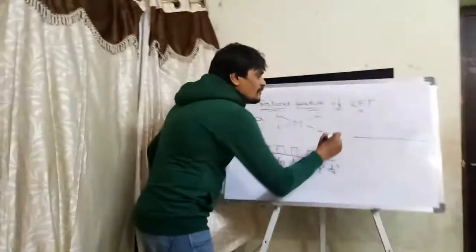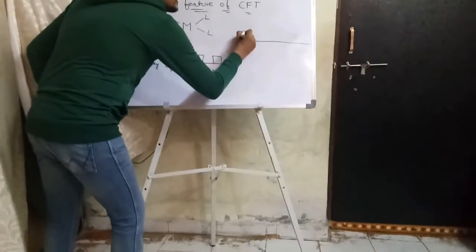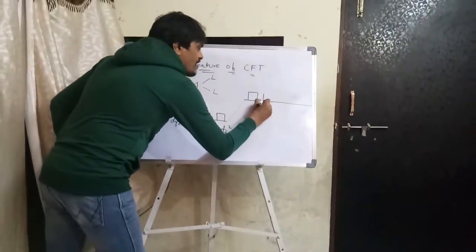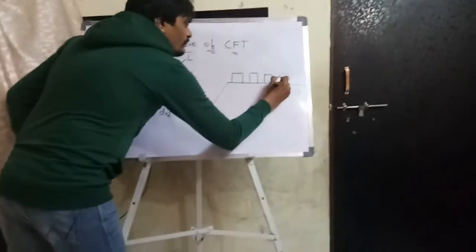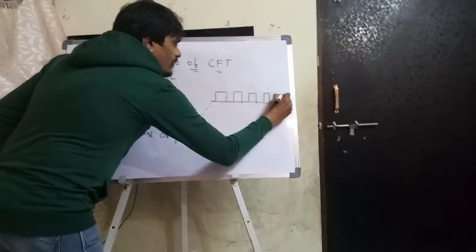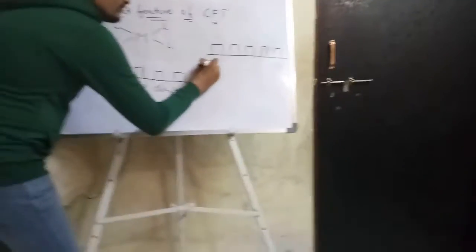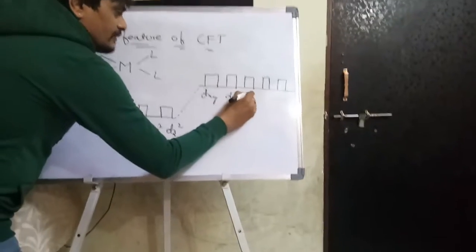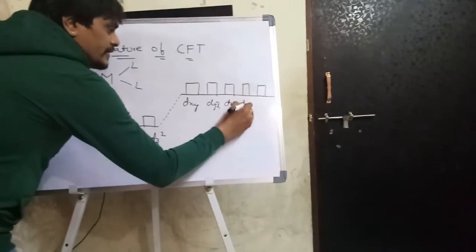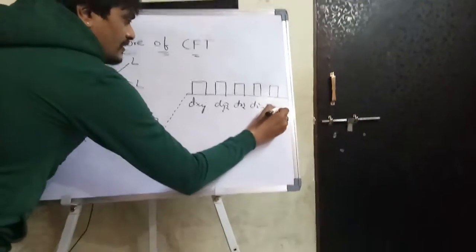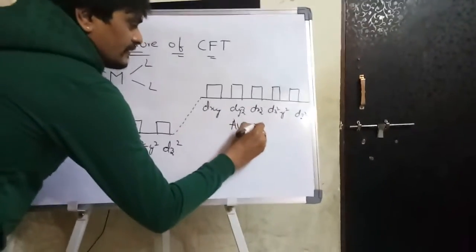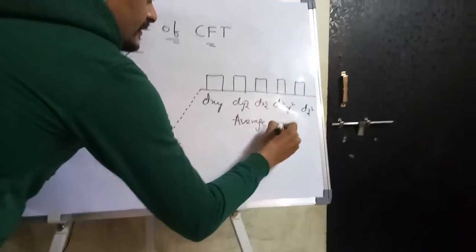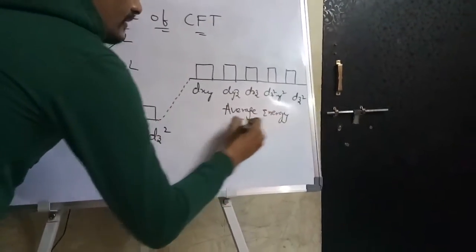That is, they occupy the average energy level: dxy, dyz, dxz, dx square minus y square, and dz square. This is the average energy level.